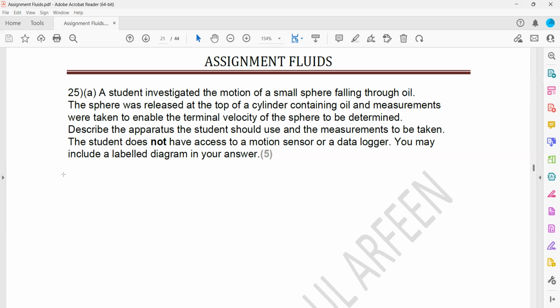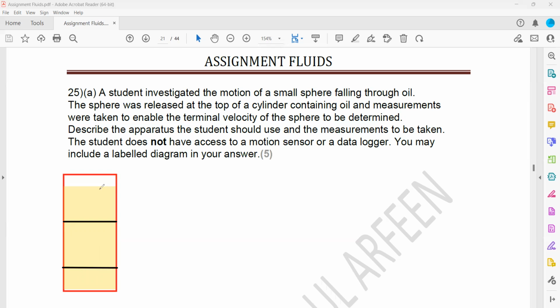So we can take a measuring cylinder, and it is filled with the oil. And on the measuring cylinder, we place two rubber bands to determine the terminal speed or the constant speed.